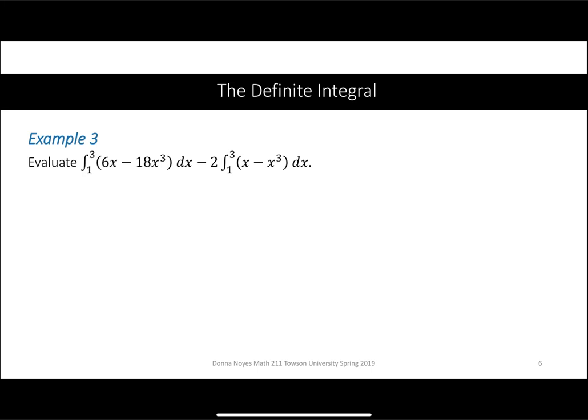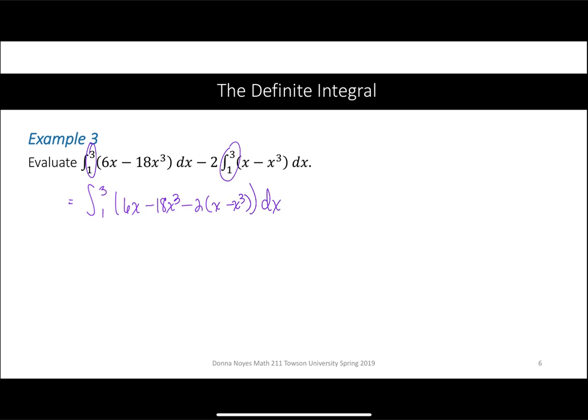This is where we can put some of those other rules into practice, but in a little bit of a backwards way, because that's really the integral from 1 to 3 of 6x minus 18x cubed minus 2 times x minus x cubed, because both of these definite integrals are going from 1 to 3.